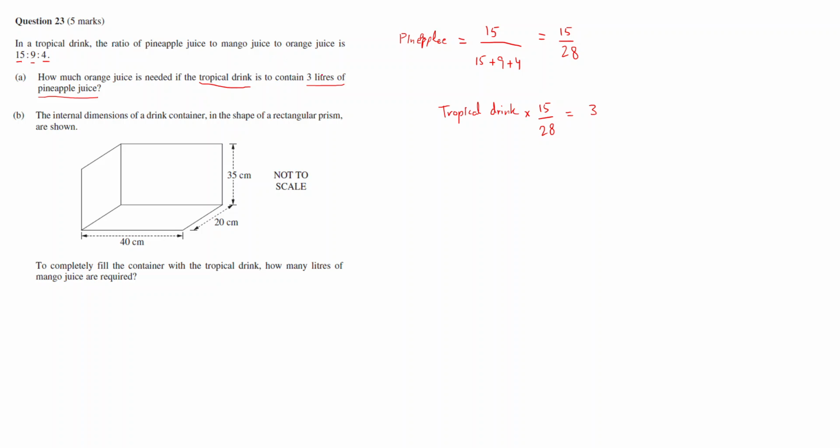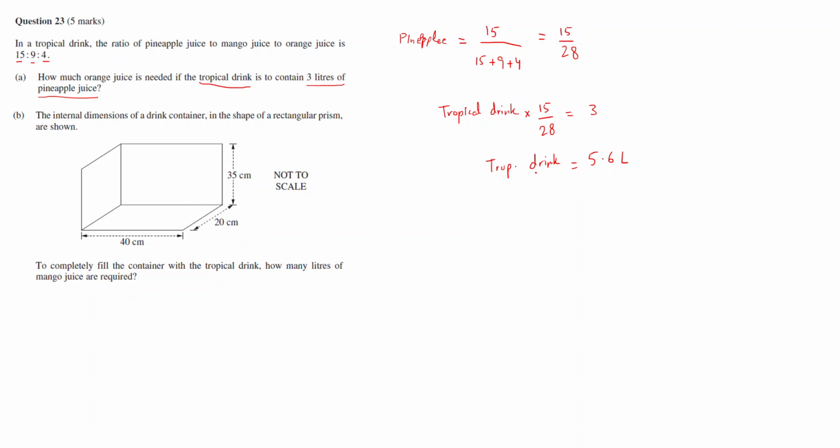That's what this statement is telling me. From this, I can work out what is the quantity of the whole drink. If pineapple is 3 liters, what is the full size of the drink? So you just move these around, you will get the full size. So the full size would be equal to 5.6 liters, right?